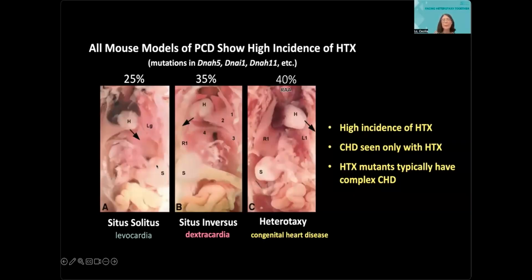So generally, we see nearly half of all the mutants in any PCD line will have heterotaxy. And then we see that congenital heart disease is typically only seen in the mutants with heterotaxy. And in fact, almost all the mutants with heterotaxy will typically have complex congenital heart disease. So this finding is quite different from what's seen in the PCD patients in the study that I just showed you earlier.